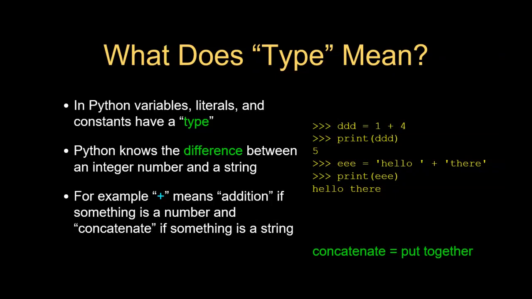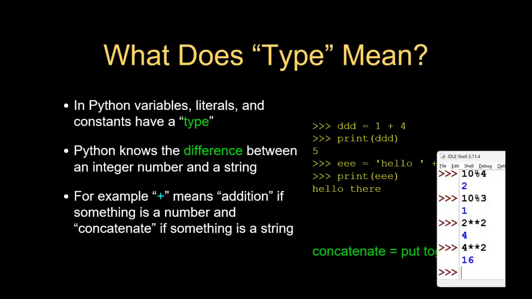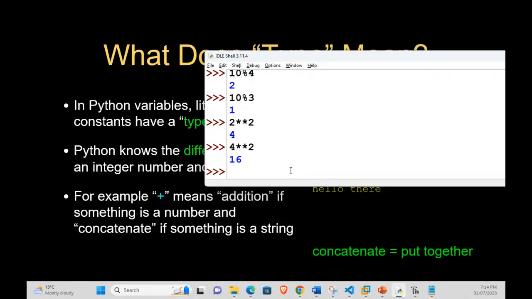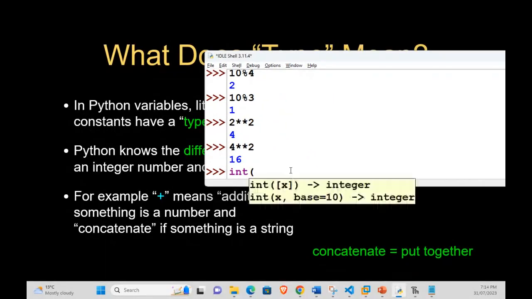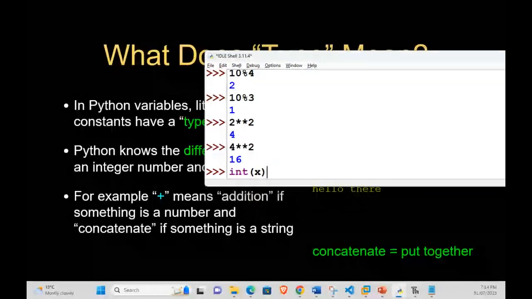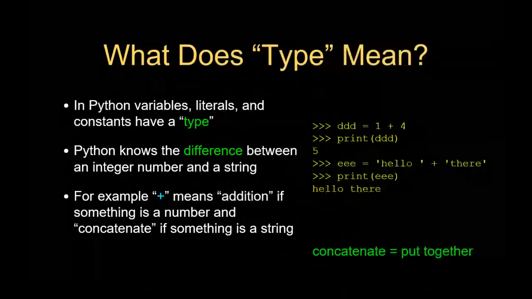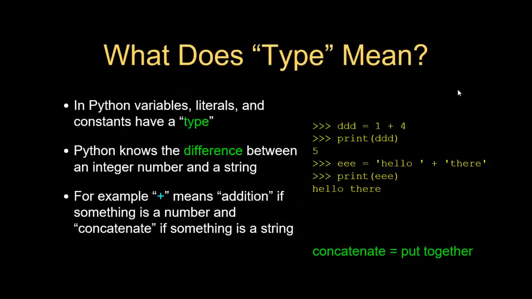For error checking for input. I guess you could, if you wanted to force something to be an integer, for example, every time you reference it, you could just do that. But anyway, all right, so type.